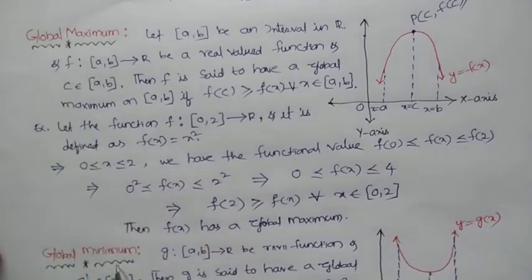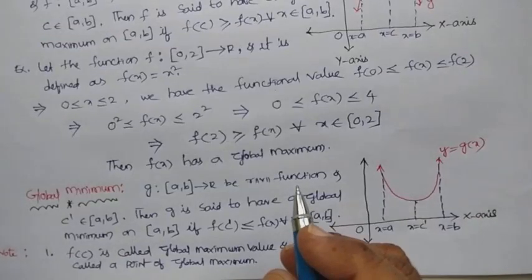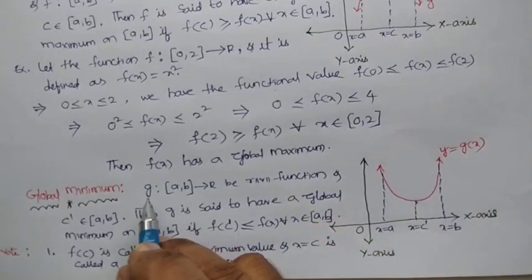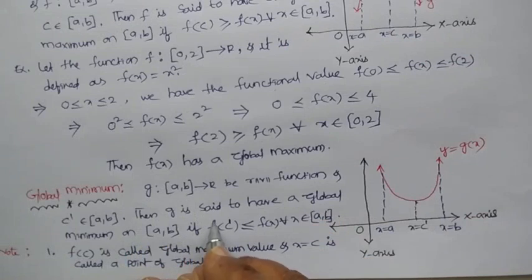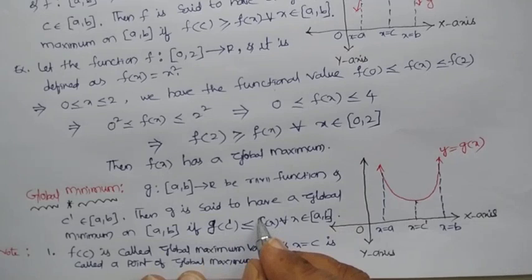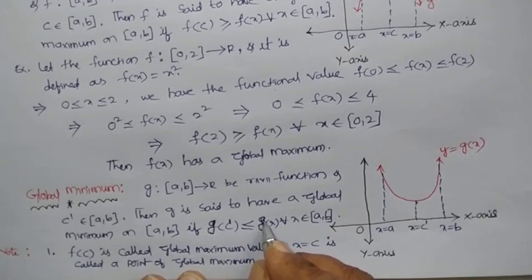Similarly for the global minimum, a small correction here: since we have taken a g function, we should write g instead of f. So g of c dash must be less than or equal to g of x.